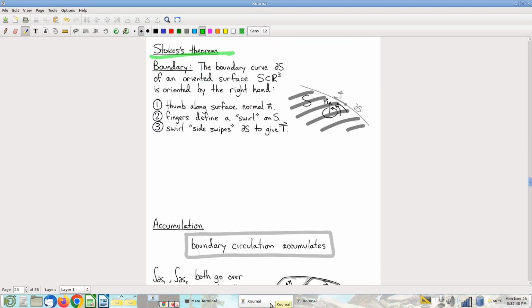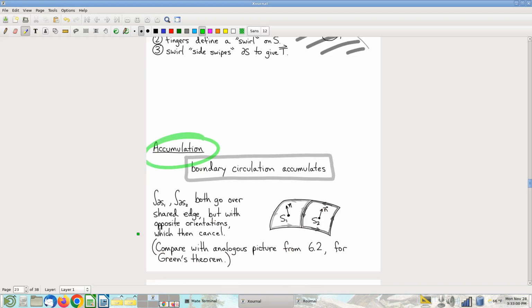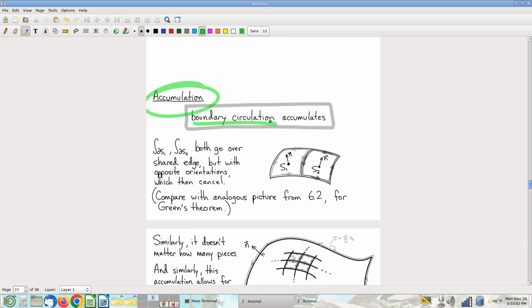Now, just to hit the broad brushstrokes before we dive into the details, Stokes's theorem is going to follow the same pattern. We're going to have to get real precise about what we mean by a boundary, this time for a surface in 3 dimensions. We're going to talk about accumulation in particular. Again, it's going to be boundary circulation, that'll be the quantity in question. And we're going to find that it does indeed accumulate.